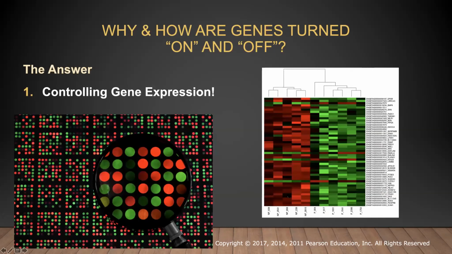So the answer is controlling gene expression. These pictures I'm showing you here are data that have been taken from a gene analysis, using a gene microchip. Each one of these dots represents a specific gene. Green means that it's turned on, and red means that it's turned off.